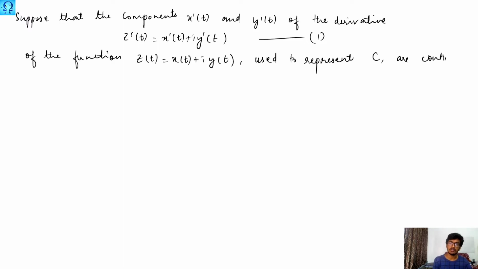are continuous. So here we are talking about the continuity of the derivatives, that is x prime of t and y prime of t. These are continuous on the entire interval a smaller than or equal to t smaller than or equal to b. This is the supposition that we made.